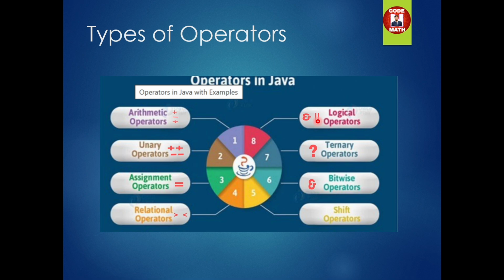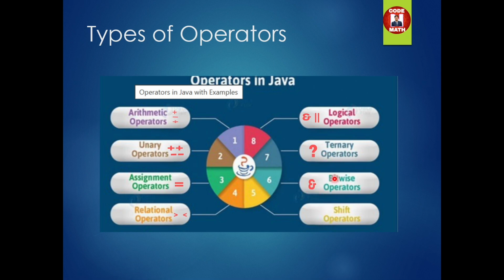And in logical operator we have and, or. And in ternary operator we have the question mark, then colon, then we have the value of what to write when it meets the true condition, and what to run when the condition is false. So these are types of the operator.